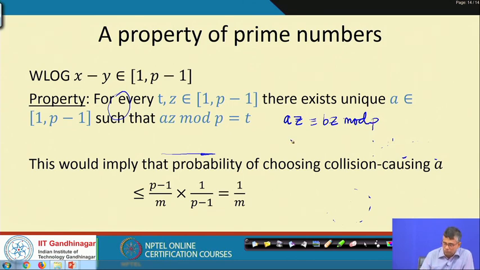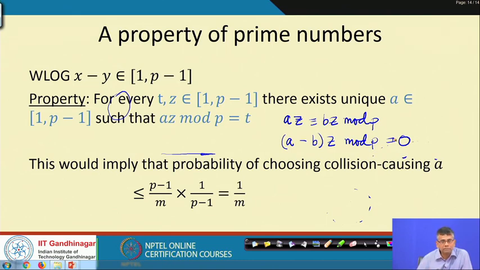In that case, what happens is that you get (a minus b) times z mod p equal to 0, because, and do convince yourself of this, this modulus operation satisfies all these linear properties. But then a and b are both less than p, z is also less than p, and if the product of them is divisible by p, one of them must be divisible by p.